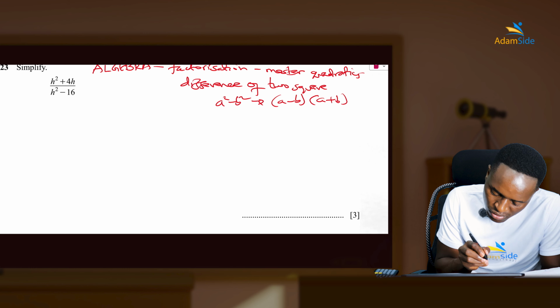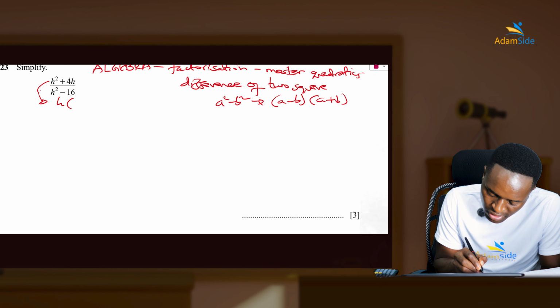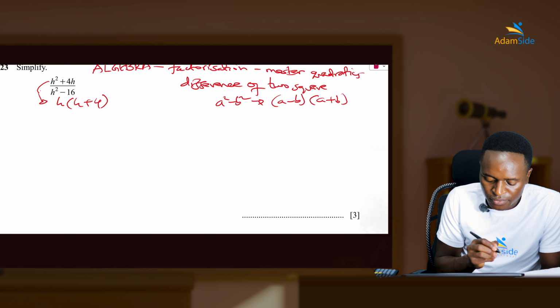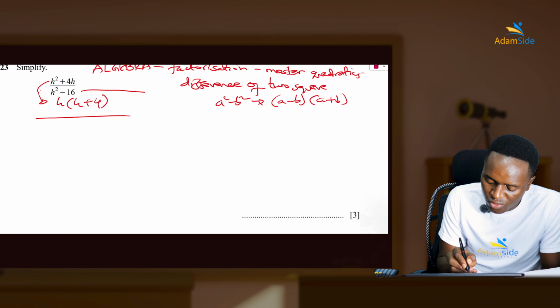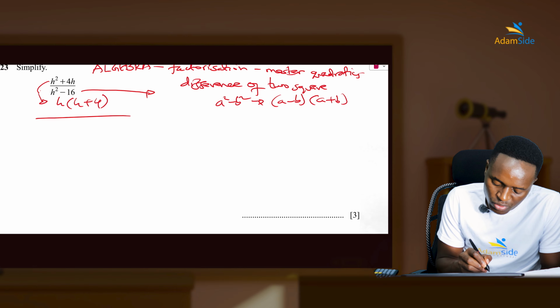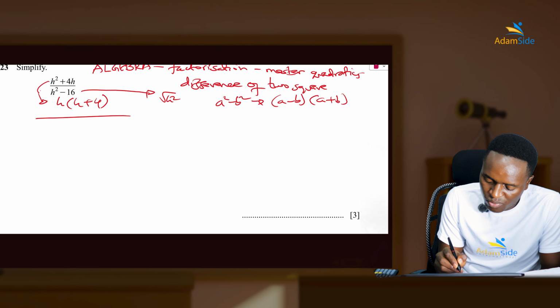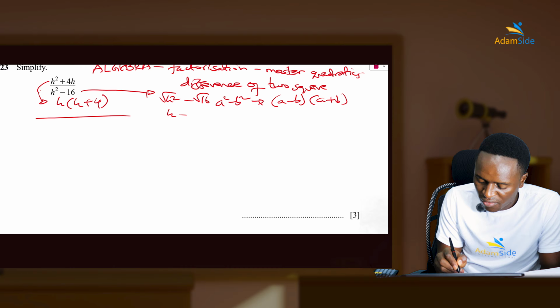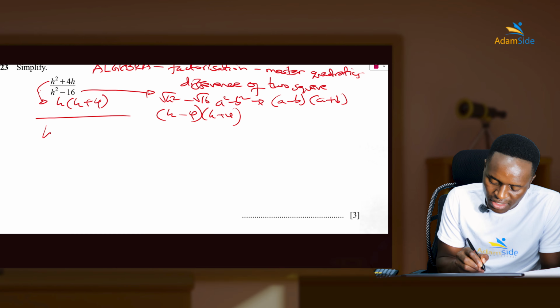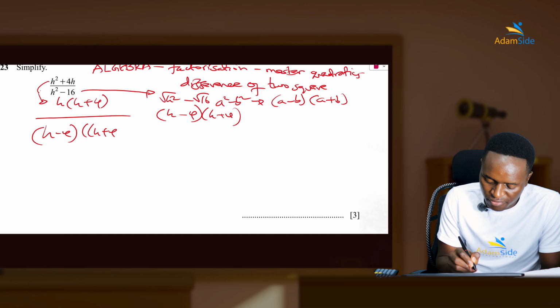So factorize the numerator. H is common, h plus 4. Denominator, it's the difference of two squares. So therefore find the square root of each. Square root of h squared minus square root of 16, you get h minus 4, which is the same as h plus 4. You open bracket h minus 4 and h plus 4.